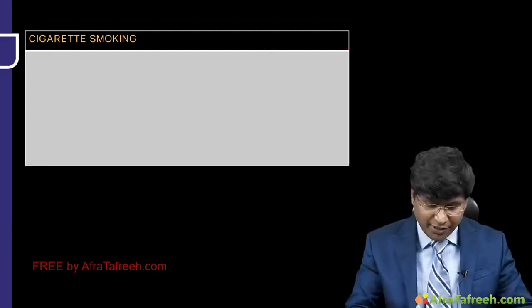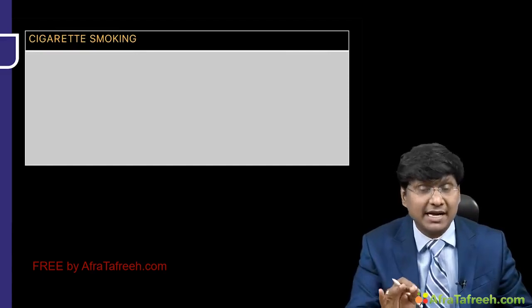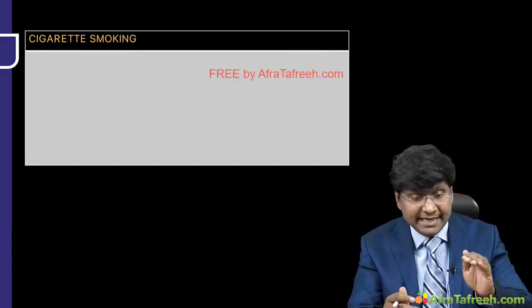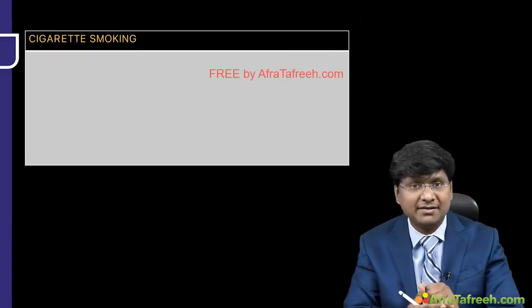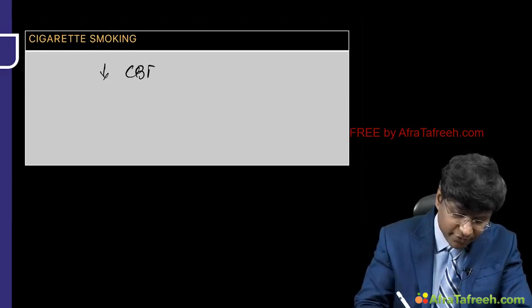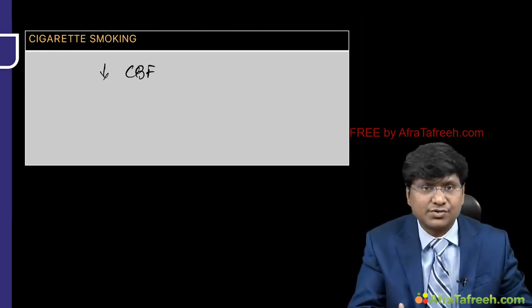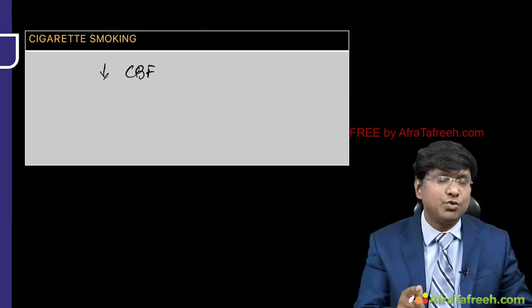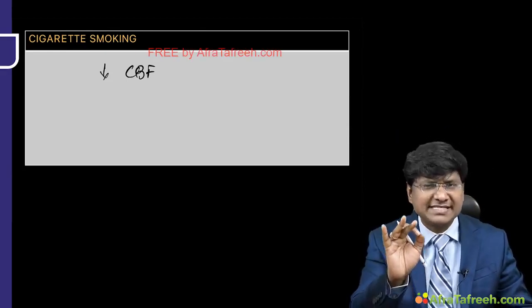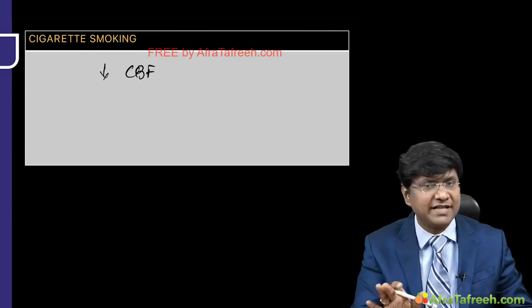And one point you have to understand about smoking is that in addition to increasing the myocardial oxygen demand, smoking will also reduce the coronary blood flow by causing atherosclerosis. Okay, and smoking cessation studies have demonstrated important benefits with a significant decline in occurrence of the adverse events.